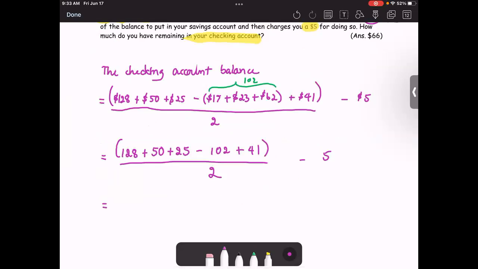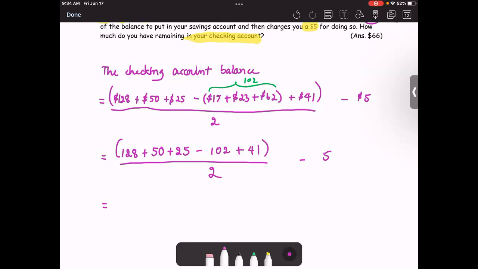Next, we simplify further for the numerator. We're going to use the calculator for doing that. So 128 plus 50 plus 25 minus 102 plus 41.